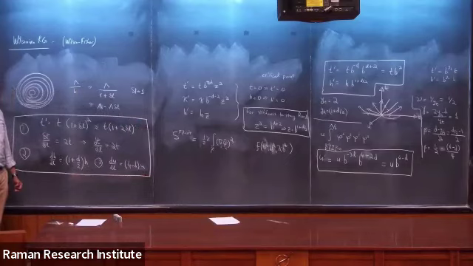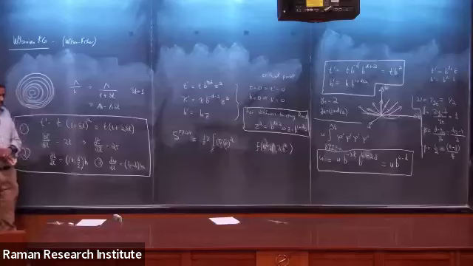So this looks like flow equations for these 3 parameters that entered into my Landau theory.